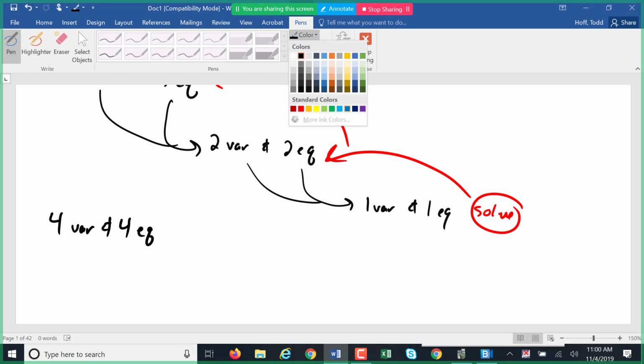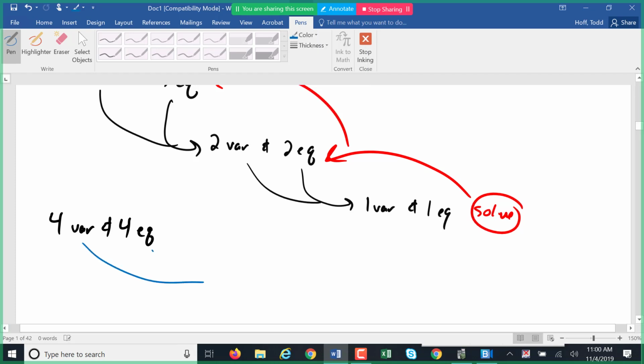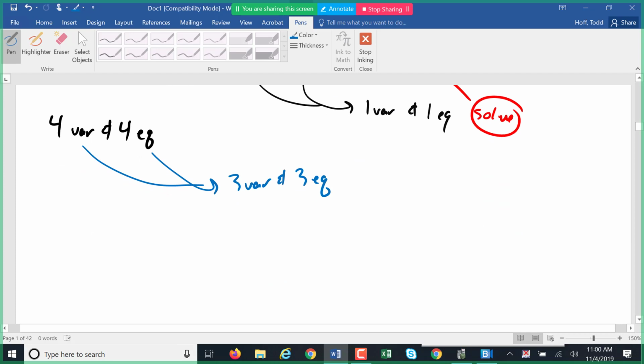our first step would be to eliminate 1 variable, which would get us to 3 variables and 3 equations. Now there's 4 equations, so we'd actually have to eliminate it in 3 different equations. We'd have to go through 3 separate substitutions or 3 separate rounds of addition and elimination. And then we start the process of solving that 3 variable system.